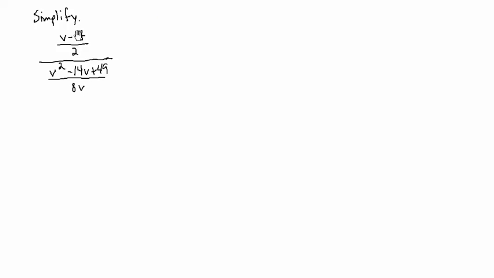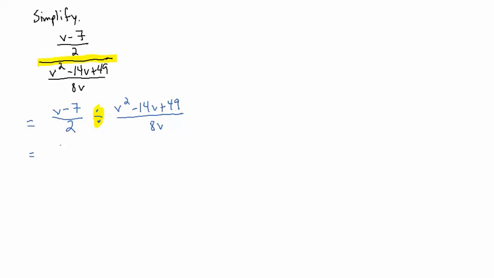So here we want to simplify this complex fraction, one fraction divided by another. So I always like to take the big fraction bar and write it as the division symbol. So now I've got the top fraction, v minus 7 over 2, divided by, right, I changed my fraction bar there to a division, divided by the bottom fraction. And now, I said at the beginning of the video that I'm assuming you know how to divide fractions.